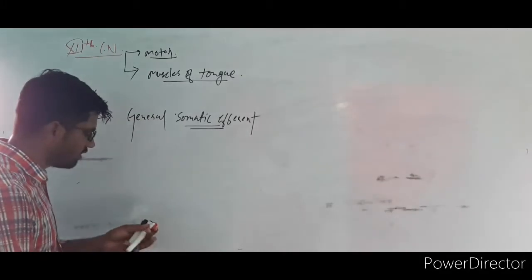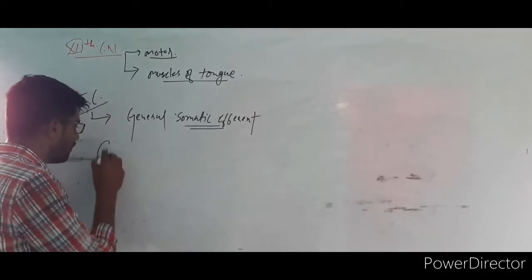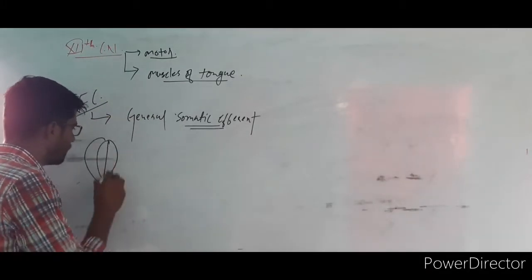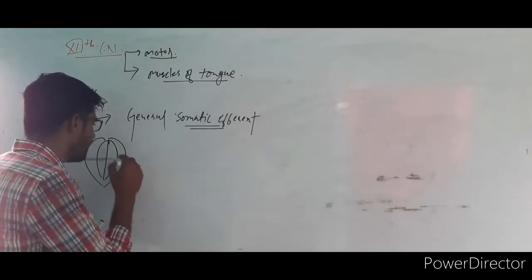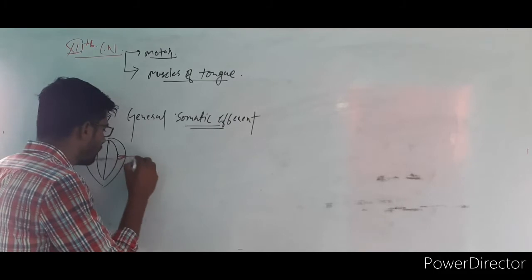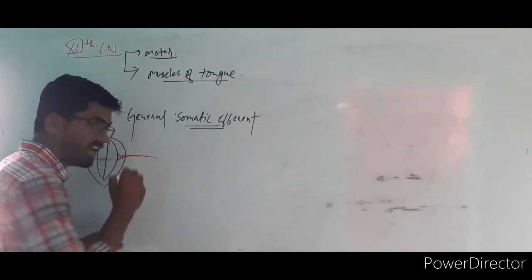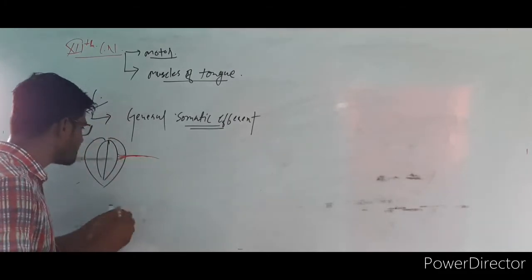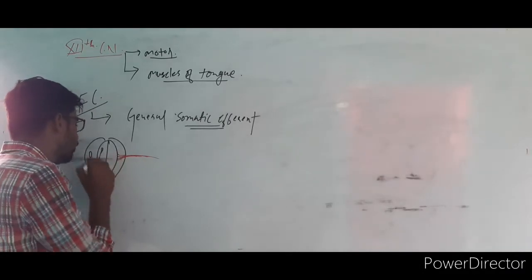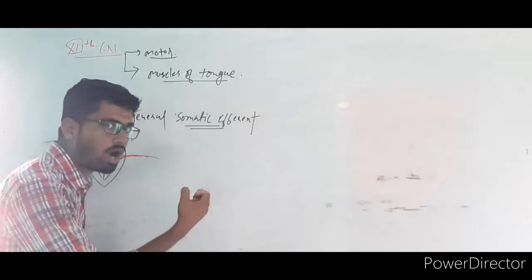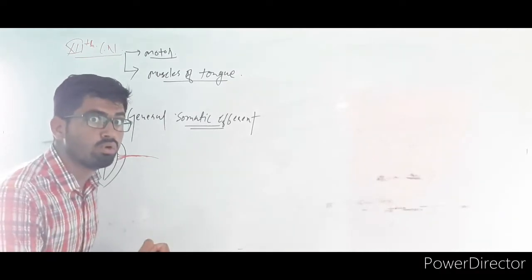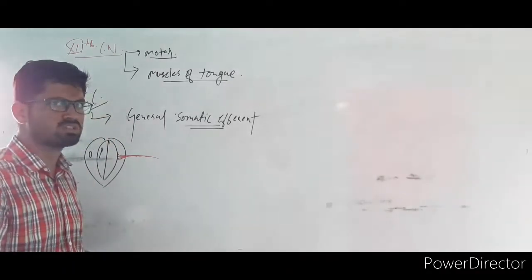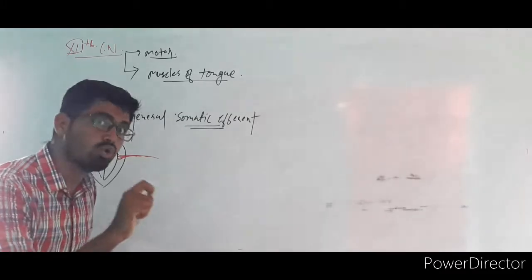See here, I have already discussed this. It's arising from here only, from here, and this is the pyramid, and here is the olive. It comes out from the cranial cavity through the hypoglossal canal.